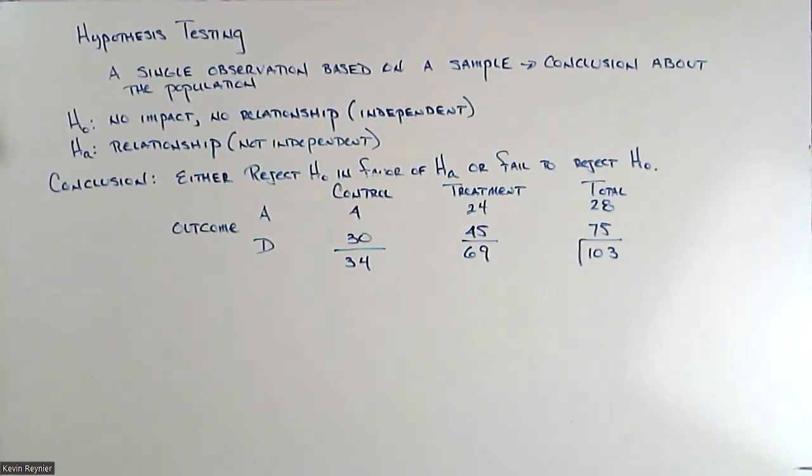Part A says, what proportion of patients in the treatment group and what proportion of patients in the control group died? That's what they're asking us here.